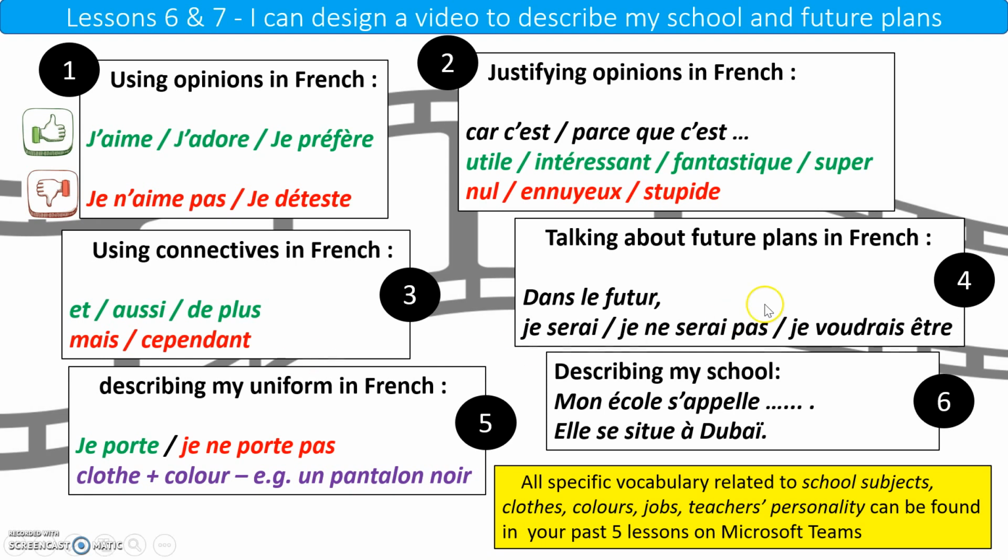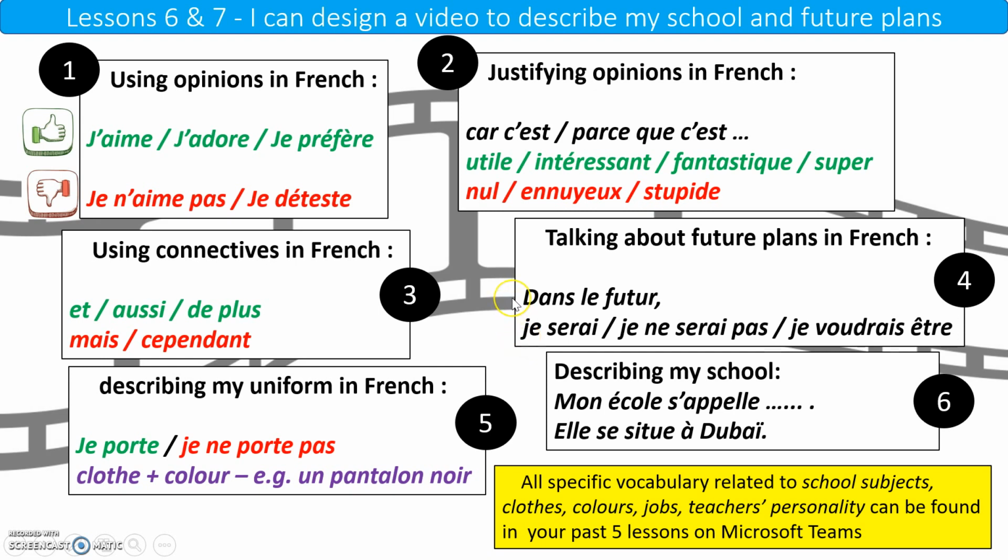Then you will have to talk about your future jobs or your future plans or your future aspirations. And if you remember from last week, we've seen some future tense expressions that I've put here. It would be amazing to see at least one of these future tense expressions.